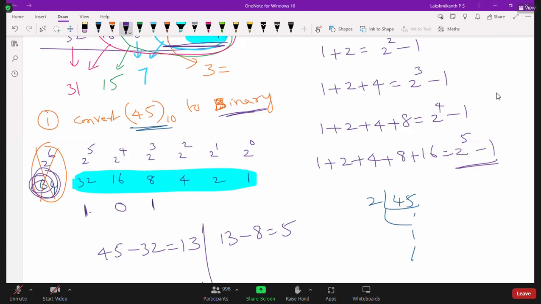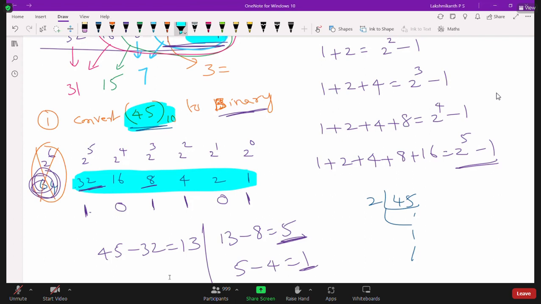Now 32 plus 8 is 40, so still 5 more is required. 5 means 4 is necessary, so 1. Now 5 minus 4 is 1, so 1 is needed and 2 is not necessary. You put 0 here. So 1 0 1 1 0 1. This is how you can convert 45 in base 10 to binary.